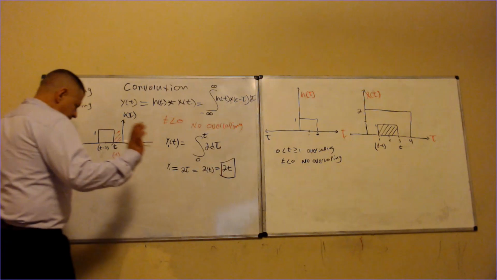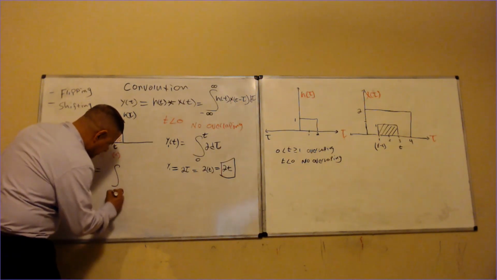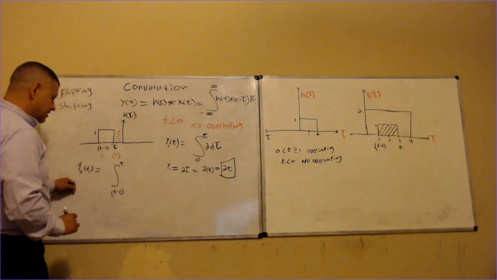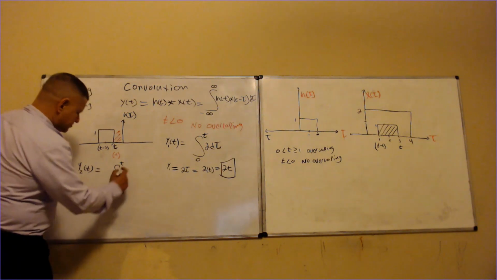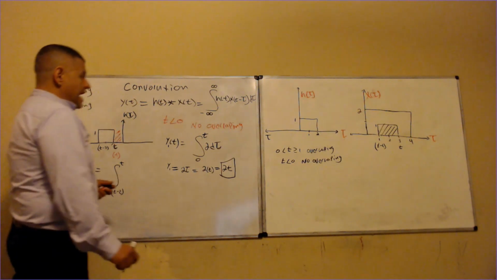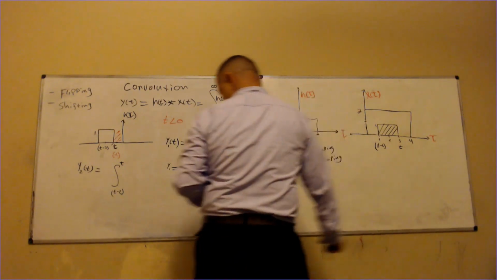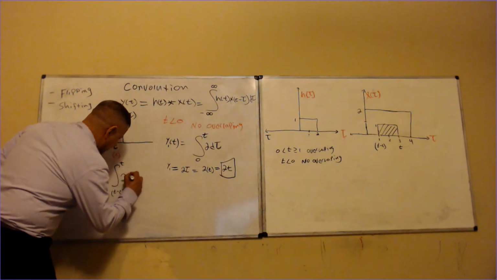This is going to be t minus 2, and this is going to be t, the limits of integration now. And I'm still multiplying that times that, which is 2 again. So 2 tau.